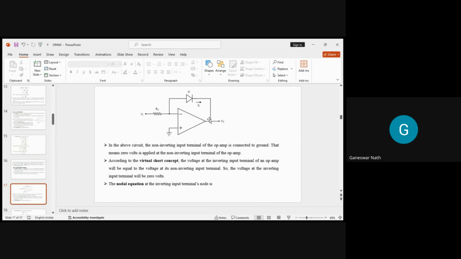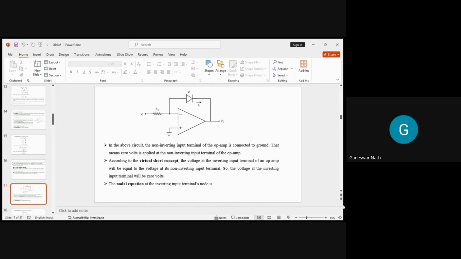That means 0 voltage is applied to the non-inverting input terminal. Then according to the virtual short concept, the voltage at the inverting input terminal of an op-amp will be equal to the voltage at the non-inverting input terminal. So the voltage at the inverting input terminal will simply be 0 volt.